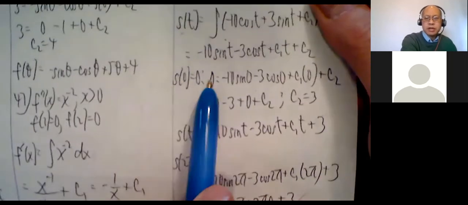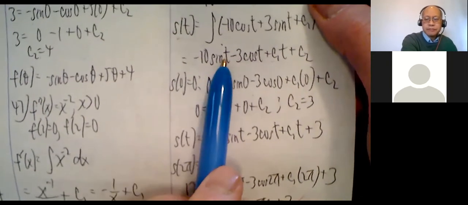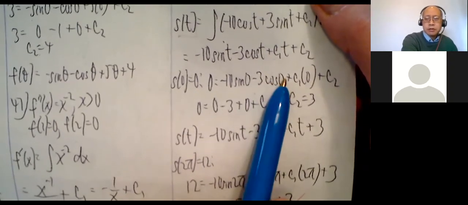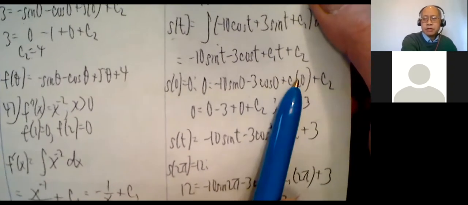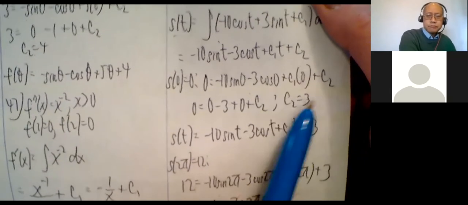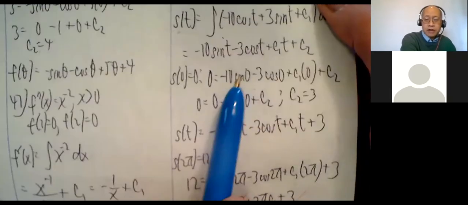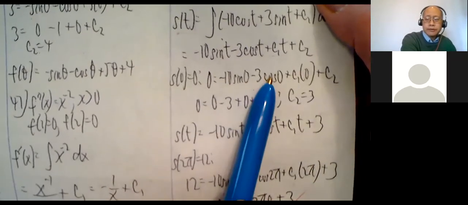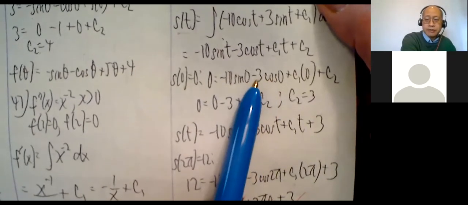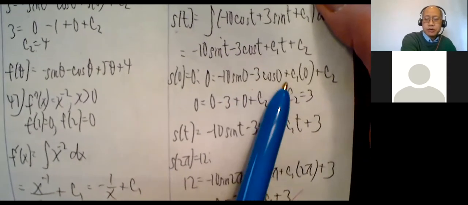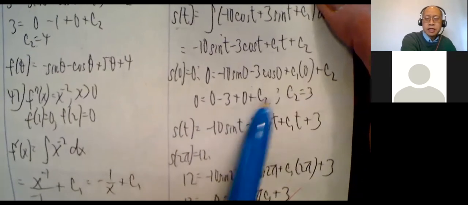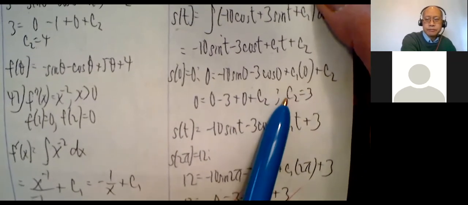So 0 equals negative 10 sine of 0 minus 3 cosine 0 plus C1 times 0 plus C2. Sine of 0 is 0, so multiplied by negative 10, that's 0. Cosine of 0 is 1, so that times negative 3 is negative 3. C1 times 0 is 0, plus C2. Add 3 to both sides. C2 is equal to 3.